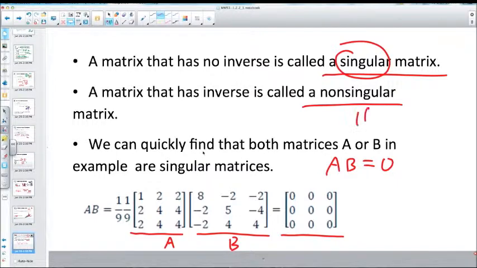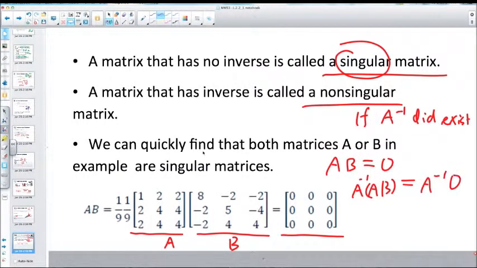Assume A inverse did exist. So what's wrong with that? Now you can easily get it wrong. You multiply the A inverse on both sides, and by associativity, A inverse times A equals I. Anything times 0 is 0.